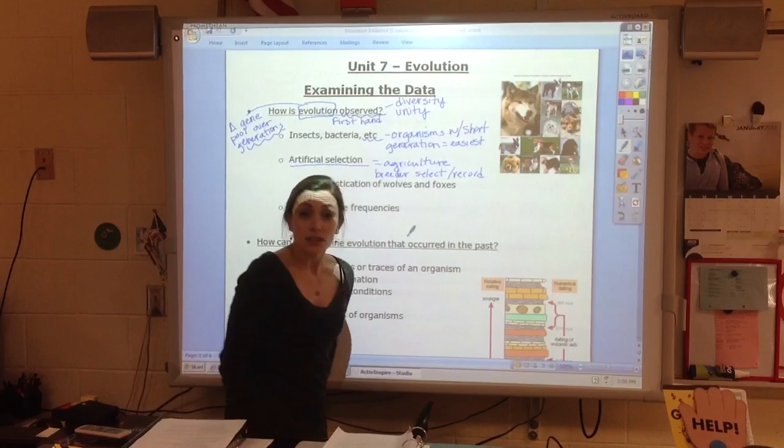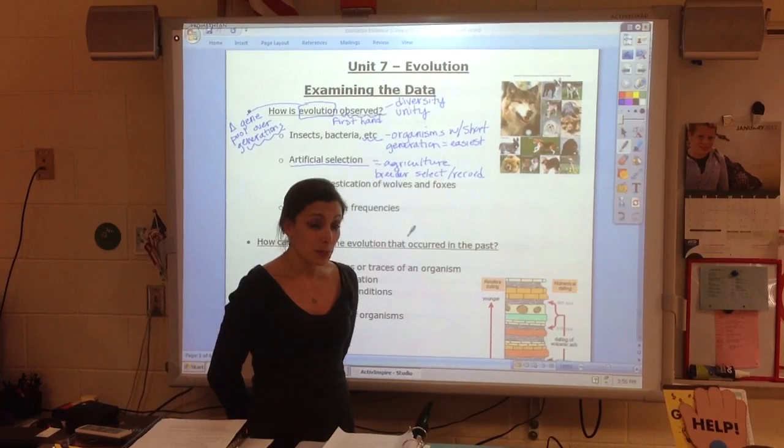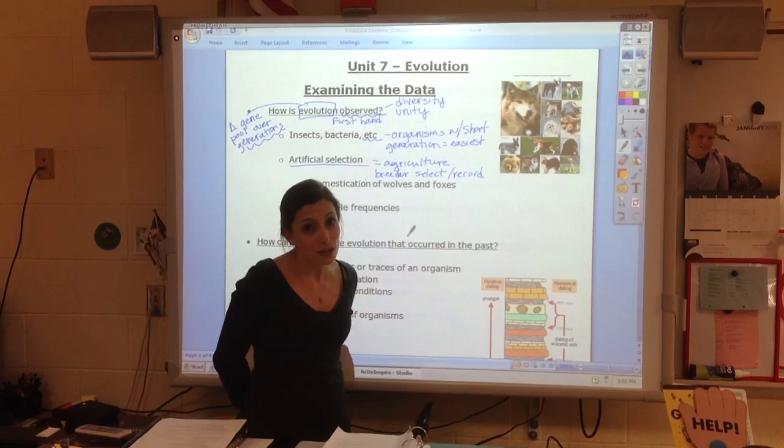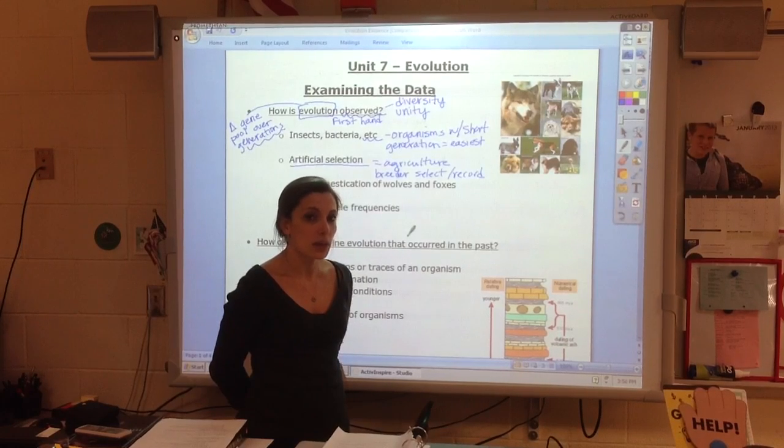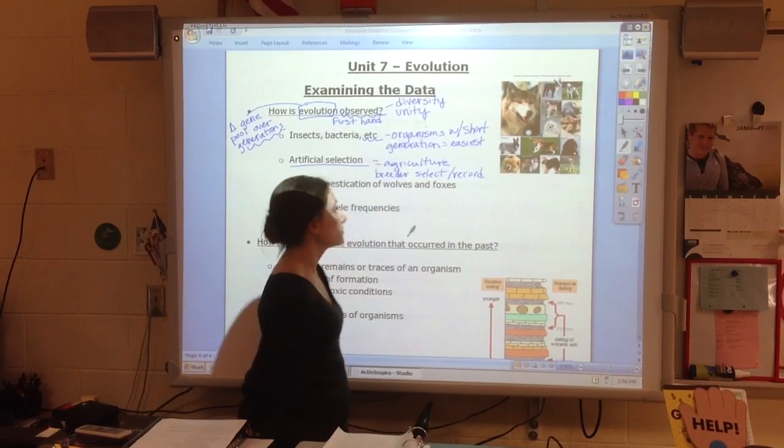One of the interesting situations that would have been a great opportunity to study natural selection would have been Mendel, if he had actually kept track of allele frequencies and the idea of purposefully choosing who mates over time.